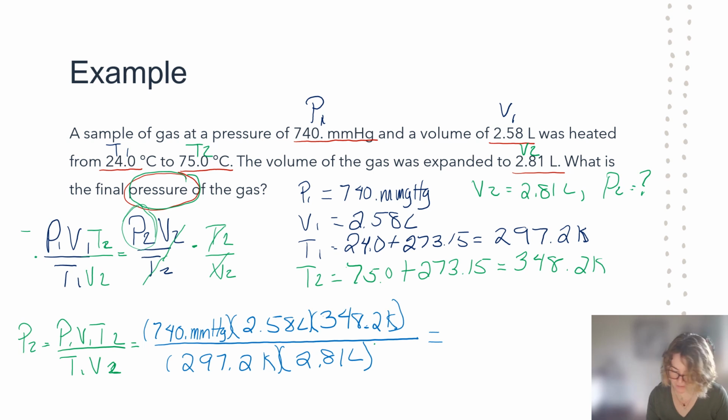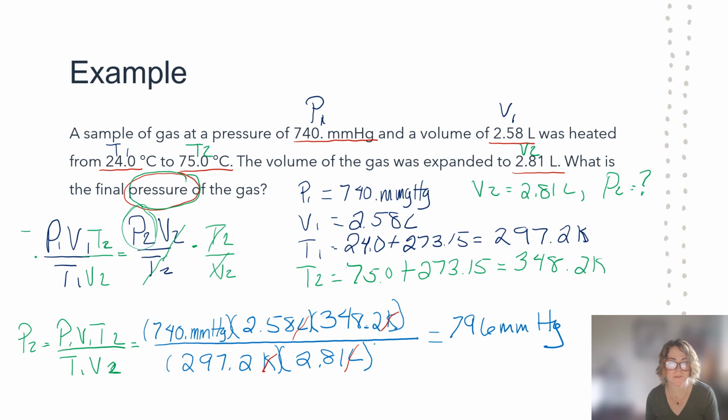Plugging everything in and accounting for significant figures, my final answer is 796 millimeters of mercury. I know that my final unit is in terms of millimeters of mercury because I'm looking for pressure, but if I wasn't sure, my Kelvin units cancel and my liters cancel.